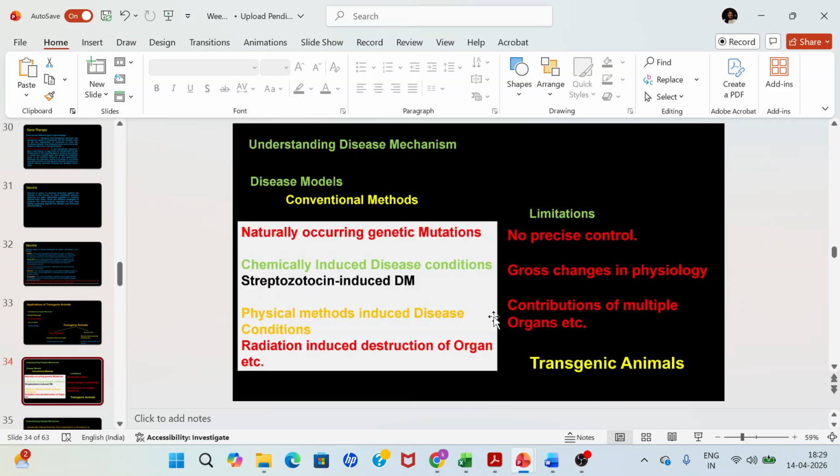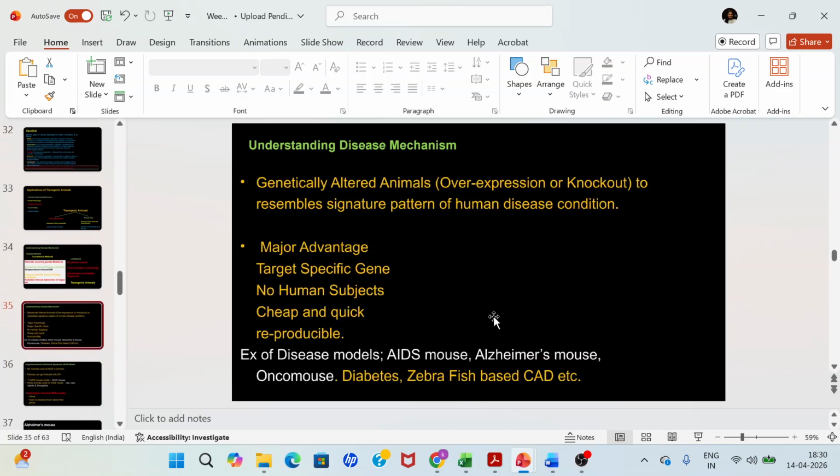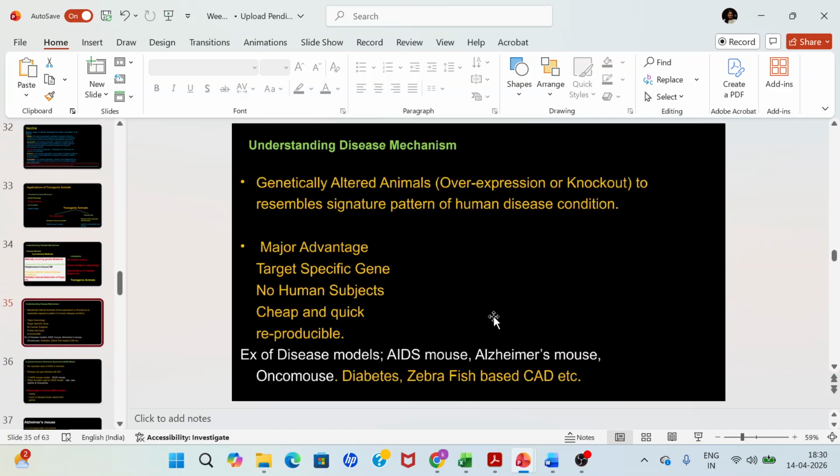So understanding the disease mechanism, disease models, conventional methods, naturally occurring genetic mutations, chemically induced disease conditions, streptozotocin induced disease models. Basically, the limitations with transgenic animals are no precise control, gross changes in the physiology, and contribution of multiple organs etc. is required in the transgenic animals.